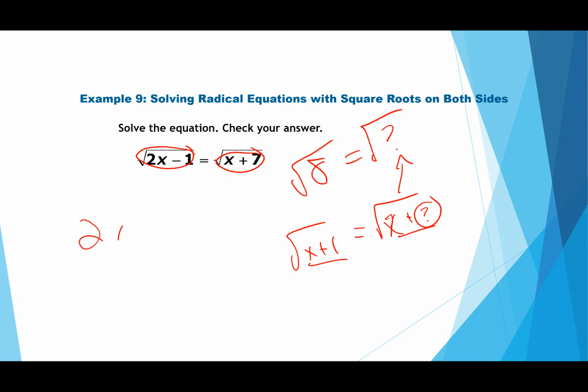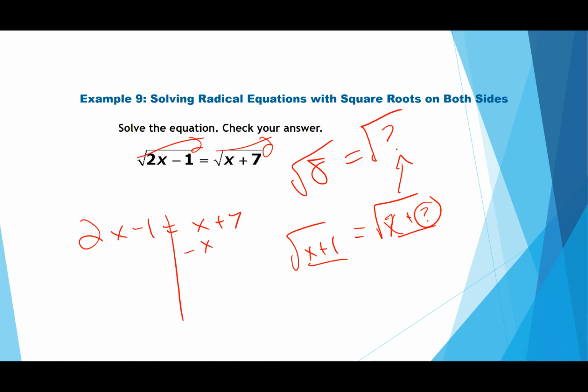So just make that equation. 2x minus 1 is equal to x plus 7. Another way of thinking about the problem is, well, if you don't want the square roots there, why don't you just square both sides? Squaring both sides gets rid of the square roots and leaves you with the same equation anyway. But I like thinking of it the way I kind of explained it the first time.